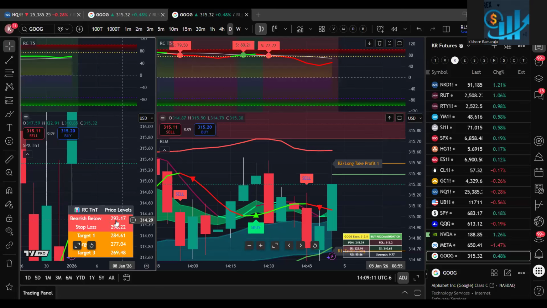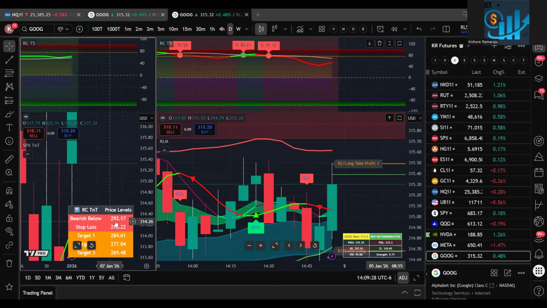Whenever it breaks 292, you can buy the puts, then it will go all the way to 269. That means whenever it breaks 292, you can open the puts for 1 month, 2 months later. Then whenever it goes to 269, you can make huge profits, right?